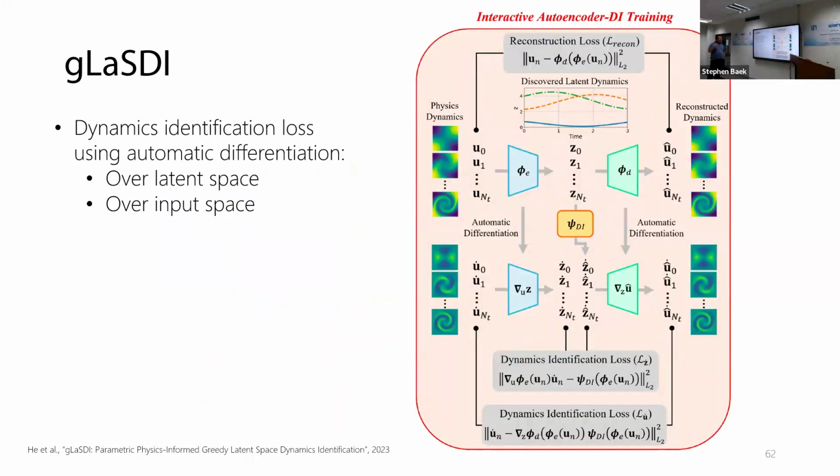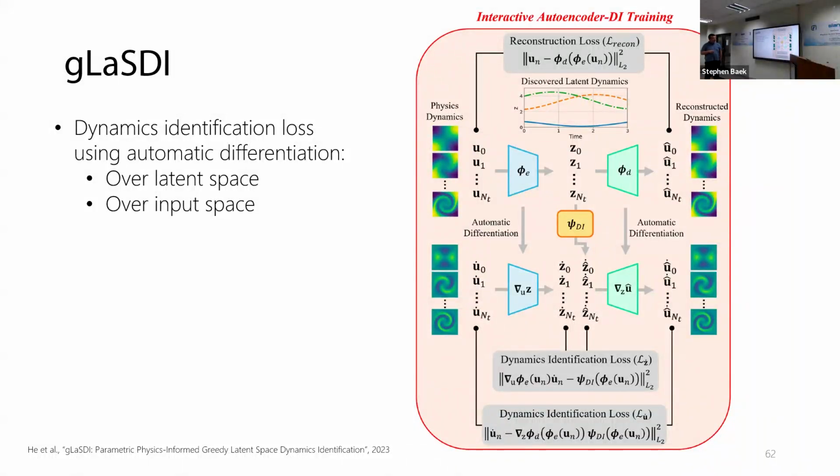And then here's a slightly advanced version of LASTI called GLASTI. Again, the same group of people from Lawrence Livermore. This is a really interesting idea where we have the encoder that encodes the snapshot of the dynamics, and then we have the Z space representation of the original dynamics.